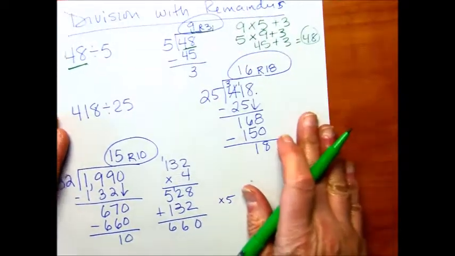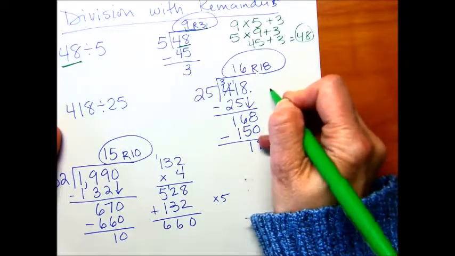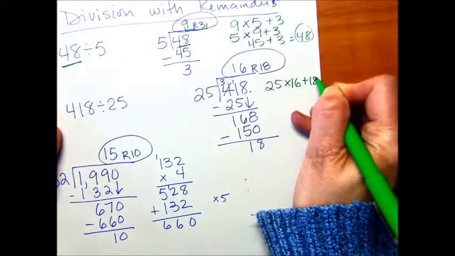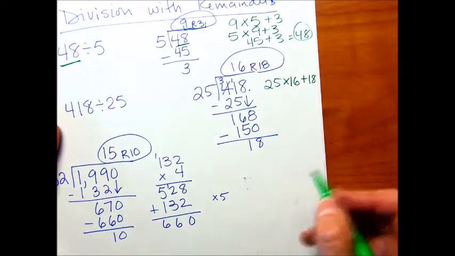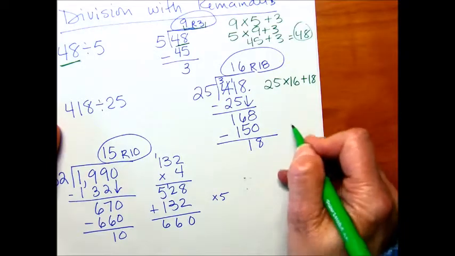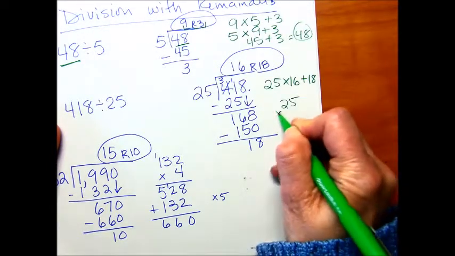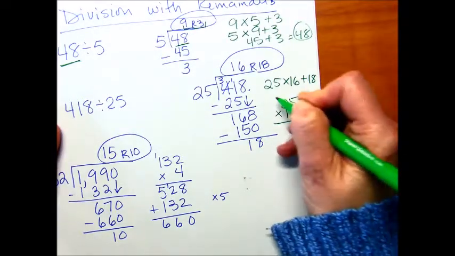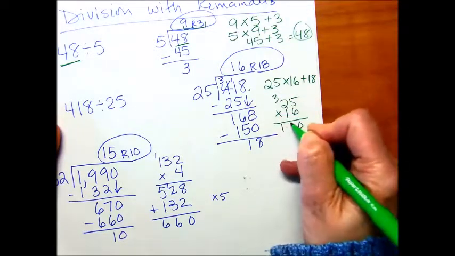Okay, let's do the same thing over here. We're going to have 25 times 16 plus 18. Now this one, I have to actually write out my math. I can't do this in my head. So I'm going to go over here where I have a little more room. 25 times 16, so that's going to be 30, 12, 13, 14, 15.